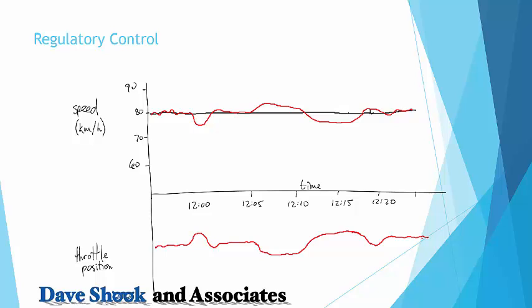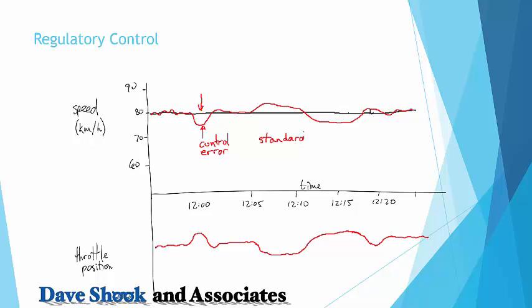Now we encounter one of the major challenges of measuring regulatory control performance. While we can fairly easily measure the control error, so at every given time there is some control error here, it's easy to measure it, and we can also easily calculate, say, the standard deviation of control error.